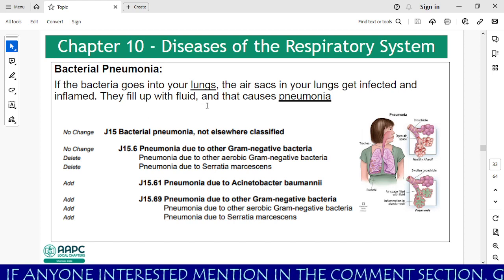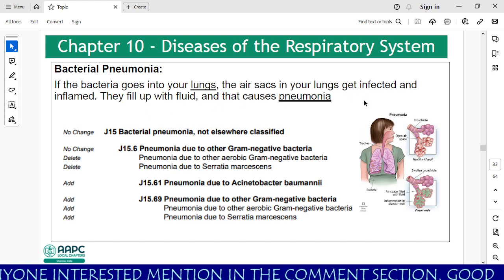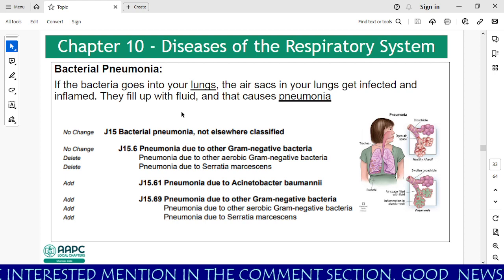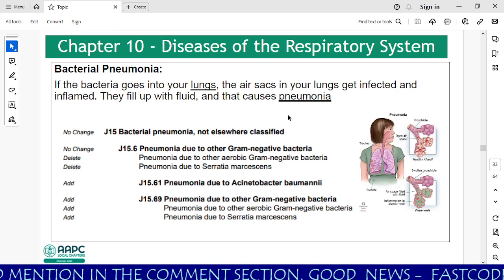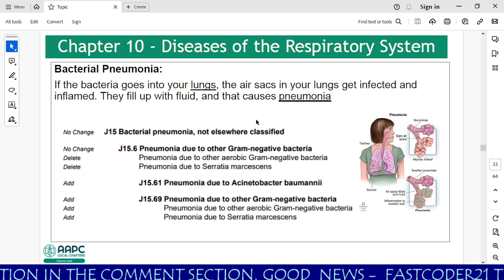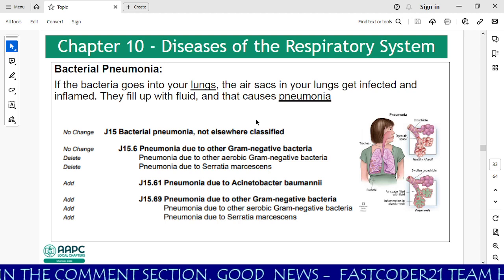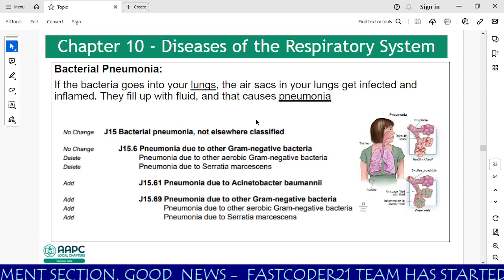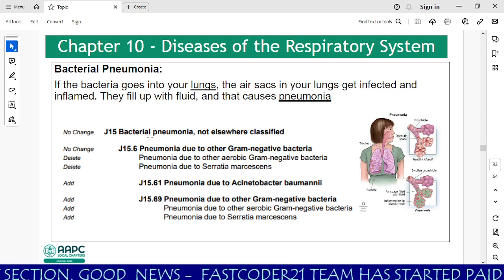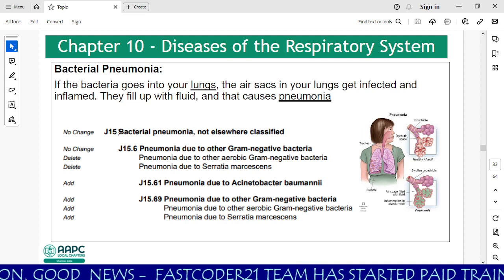If bacteria go into your lungs, the air sacs in your lungs get infected and inflamed. They fill up with fluid and that causes pneumonia. So because of that inflammation, we will get pneumonia. There is no change in the category level here.